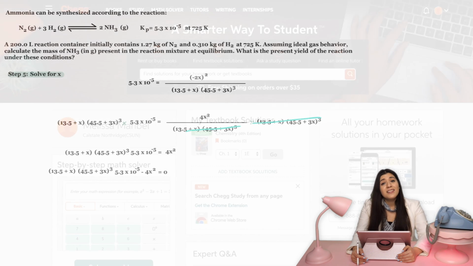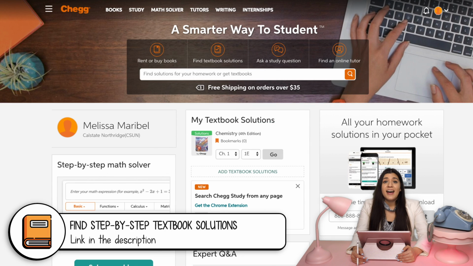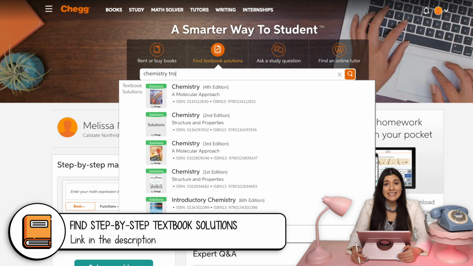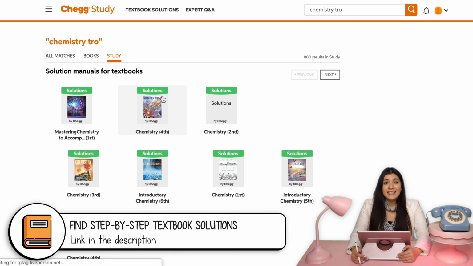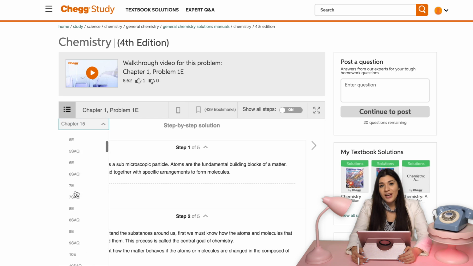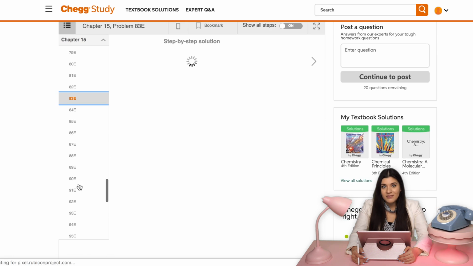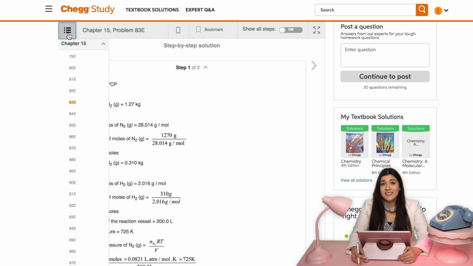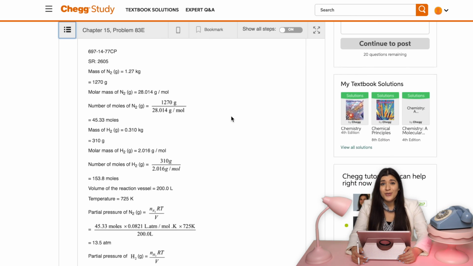But anyways, I looked this up using Chegg, and luckily you provided the book, so they do have textbook solutions. So I found the exact book and the exact question, the solution manual to this question. So I was able to look at all the steps and see that yes, this is the only way that you can approach this question.